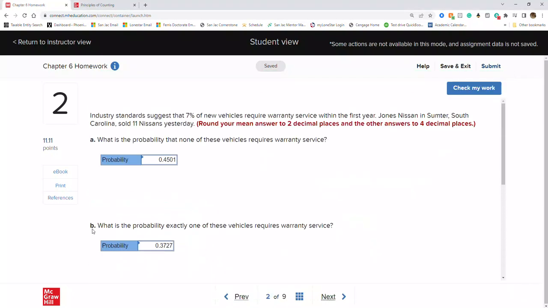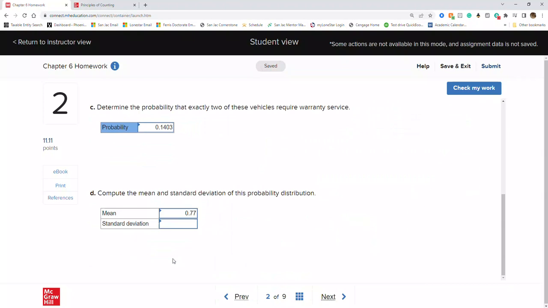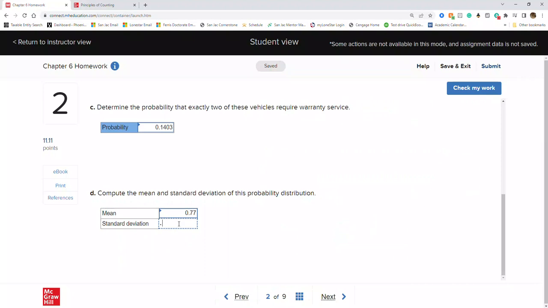So, this has to be 4. Well, that's new. Alright, so again, 4. So we're going to try and check the rounding. 8462.8462.